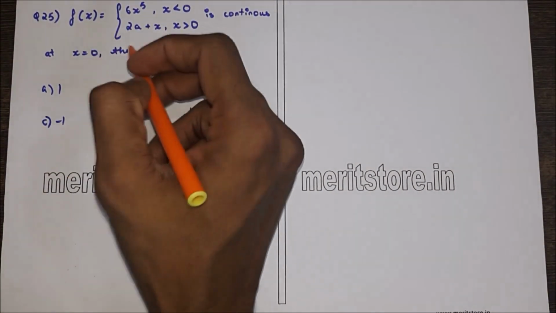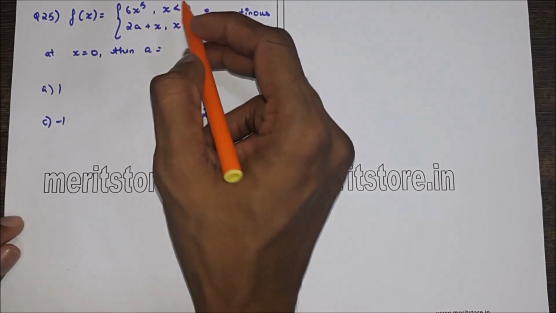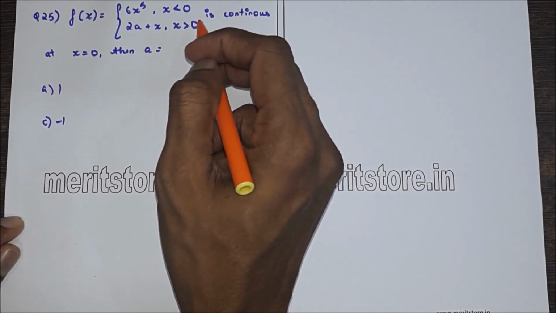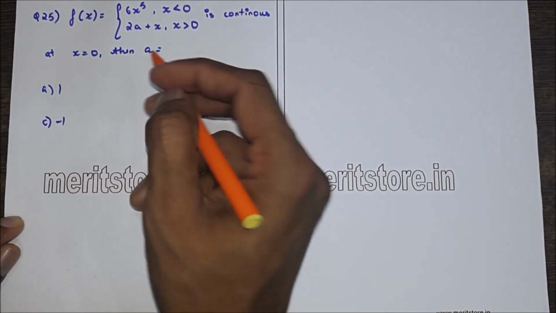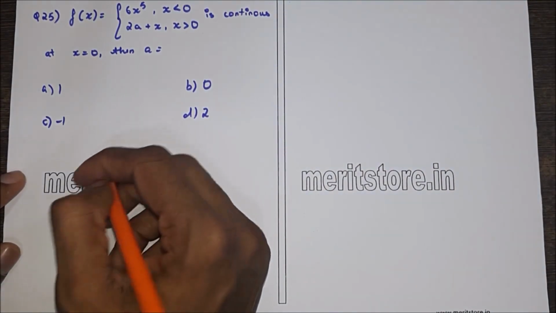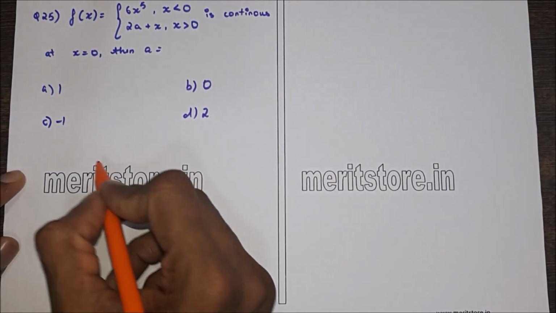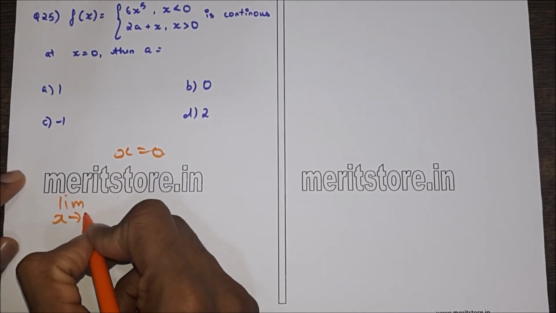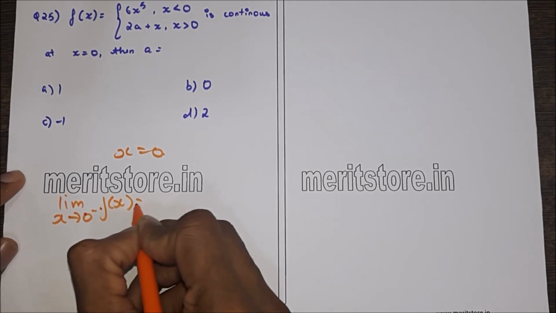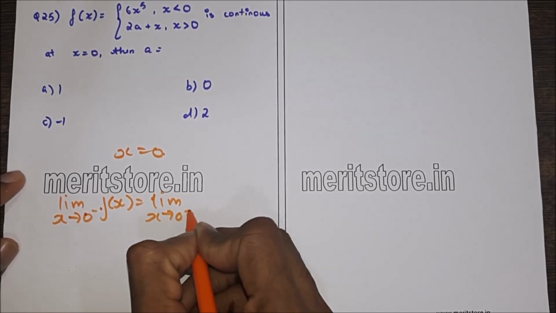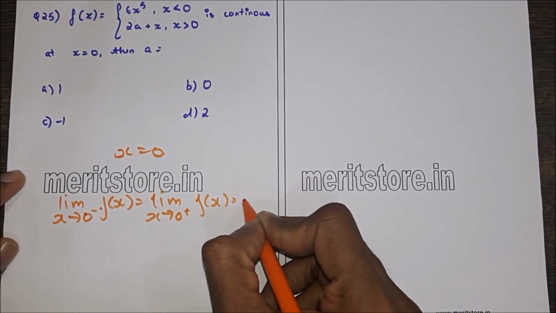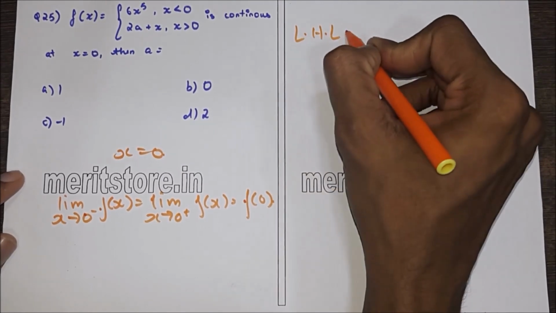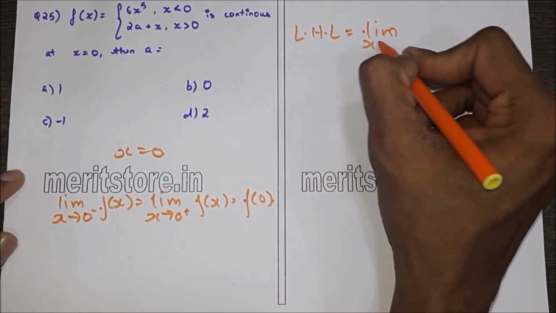Question 25. f of x is equal to x into x raised to 5, where x less than 0, is continuous, and 2a plus x with x greater than 0, at x equal to 0, then a equals, we are given 4 options. For continuity at x equal to 0, the limit as x approaches 0 from the left hand side should be equal to the limit as x approaches 0 from the right hand side, equal to f of 0. Further, for the left hand limit, as x approaches 0, we get 0.